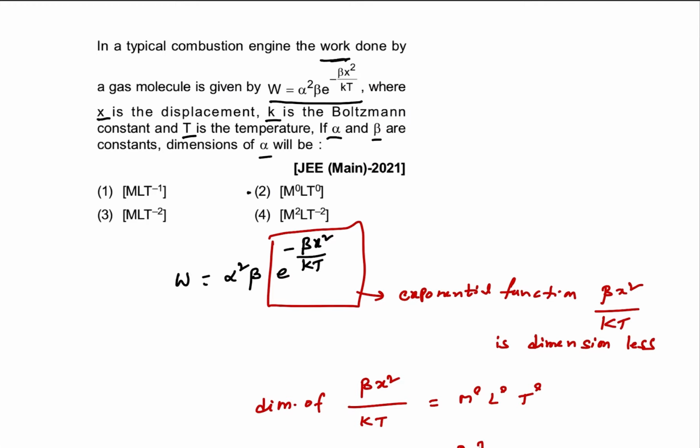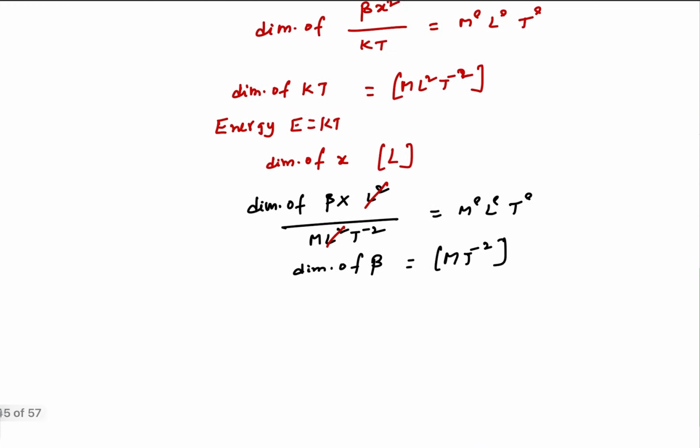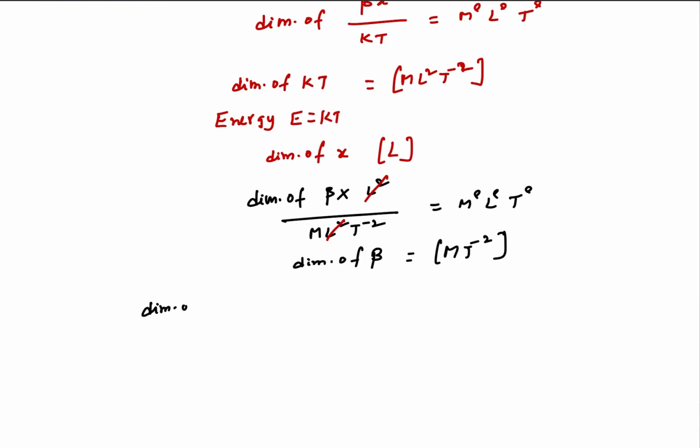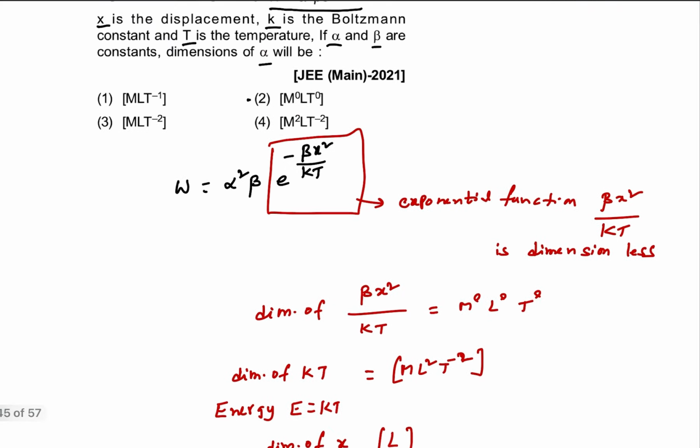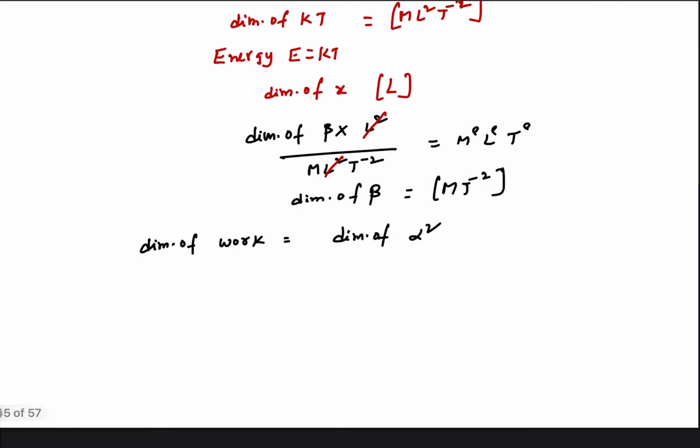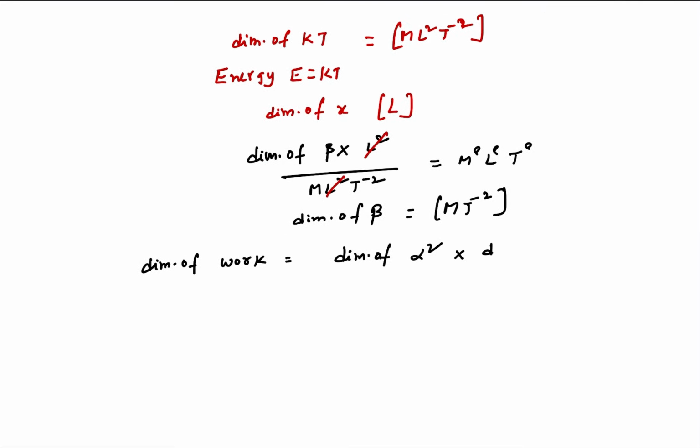Okay, I have written the dimension of beta. Again, the left side is work. The dimension of work is equal to the dimension of alpha square into the dimension of beta.